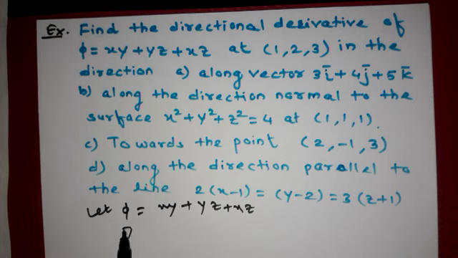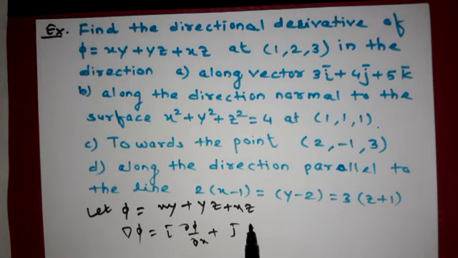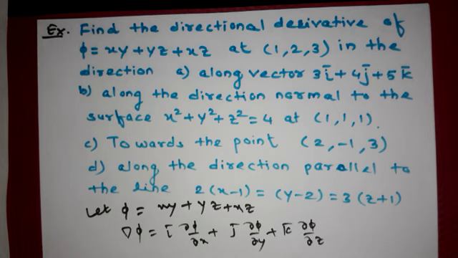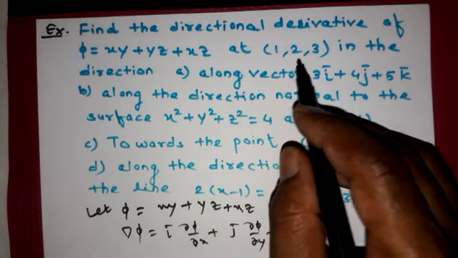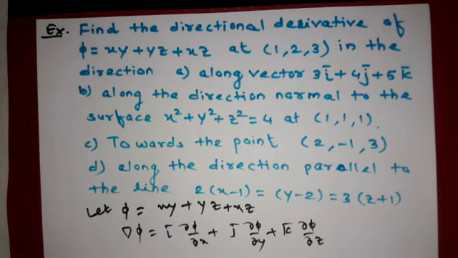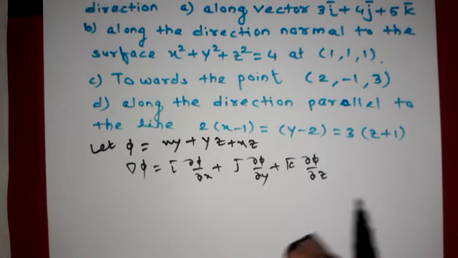So del phi is equal to i bar dou phi by dou x plus j bar dou phi by dou y plus k bar dou phi by dou z. You may take it directly, or you may find the derivative with respect to x, y, z at point (1, 2, 3), and then substitute here, you will get the value of del phi. Anyway you can do whichever is simpler.